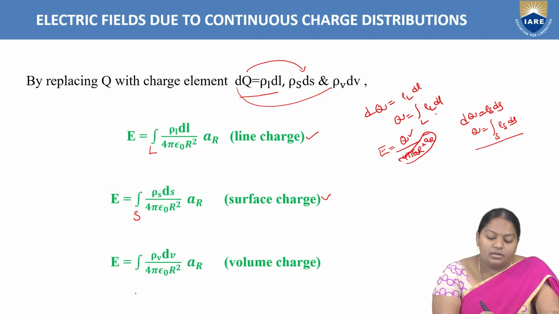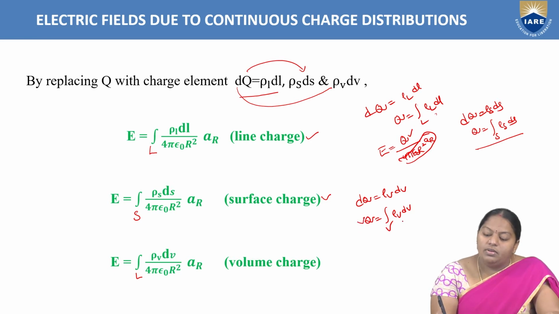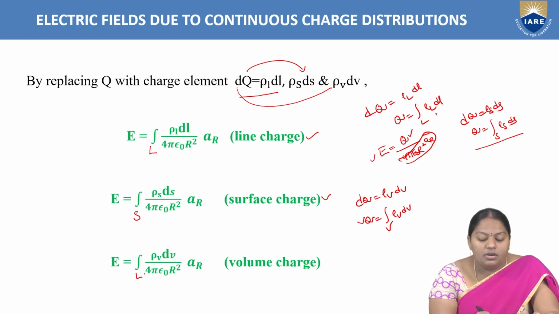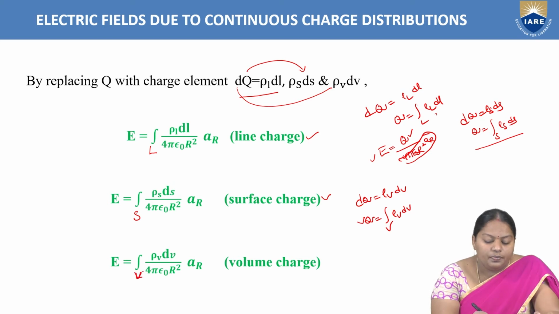And for the third one, for volume, dq equal to rho v into dv. From this, q equal to integral over v of rho v dv. If you substitute this in place of q in the equation, then E is obtained as E equal to integral over v of rho v dv by 4 pi epsilon naught r square into AR.